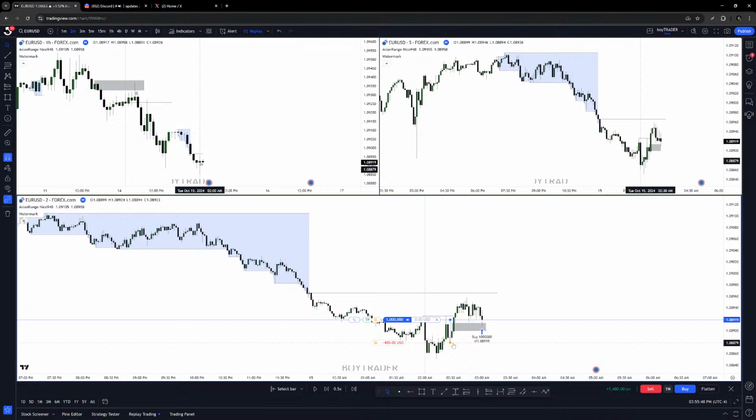This is still below our threshold. We are risking at most 1%, but that's $400, which is 0.4%. So our exit will be above the Asia range. I'm going to just put it there, above the Asia range. That's our exit.